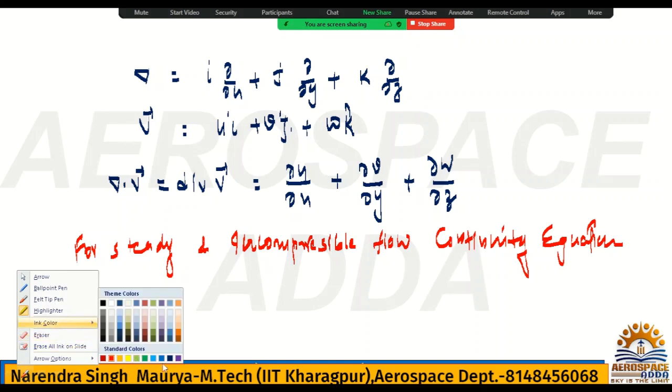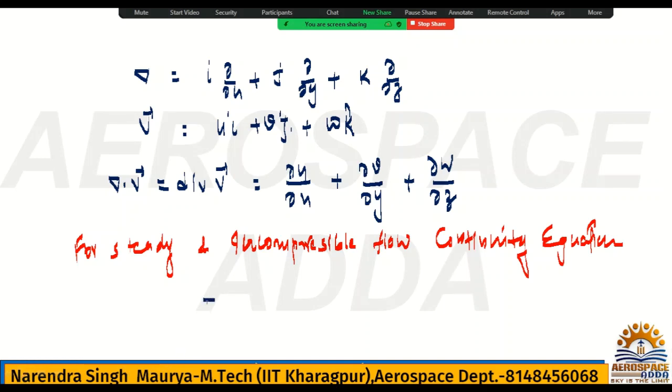It is nothing but divergence of the v vector equal to 0, and write this also. Okay, remember this is very important here. Make a star mark, no? Very important. They are asking it. Okay. Anyway, so I hope you understood this. Okay, this is the continuity equation.